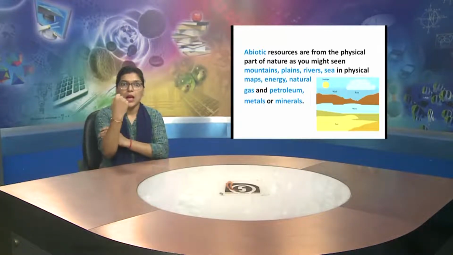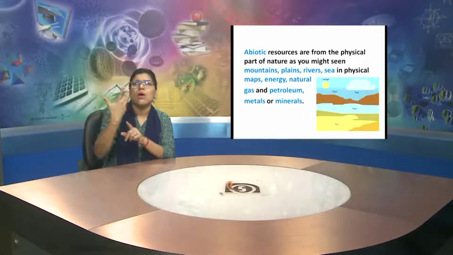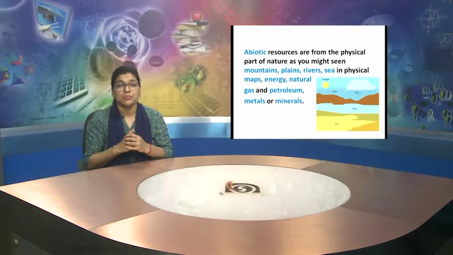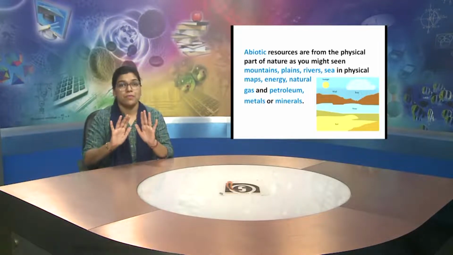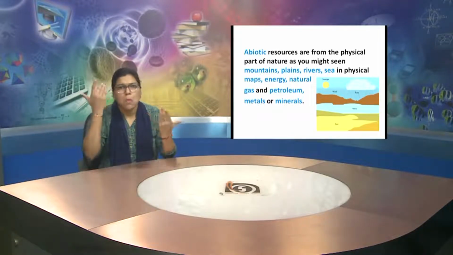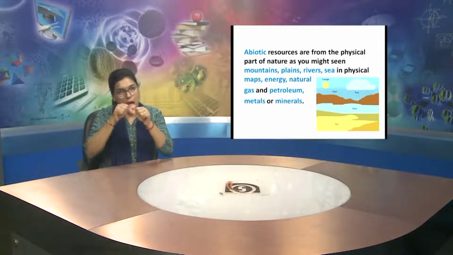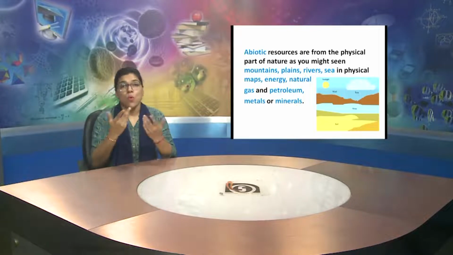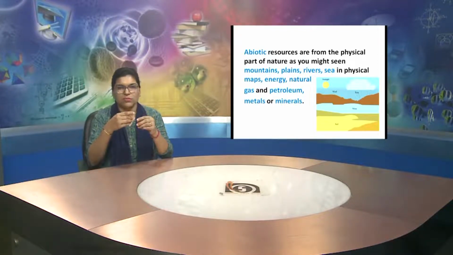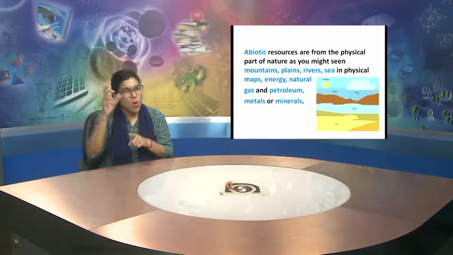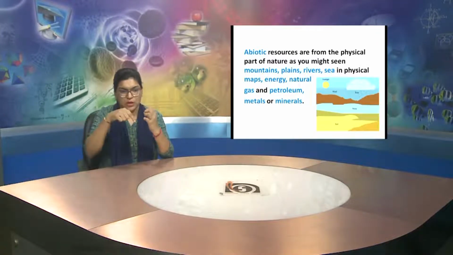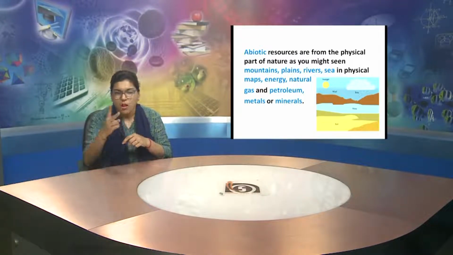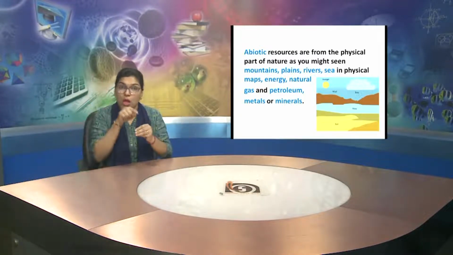There is a map, and the sunlight is very strong which is coming on the earth, and also the gas is available. We cannot see the gas or the air, and the petrol, the soil, the metals, all these are the physical things which we can see and touch. So these are all abiotic resources.